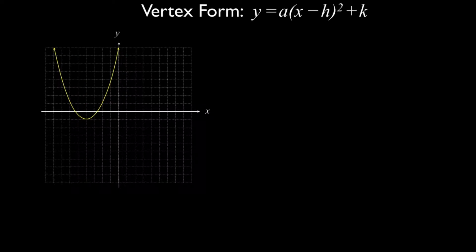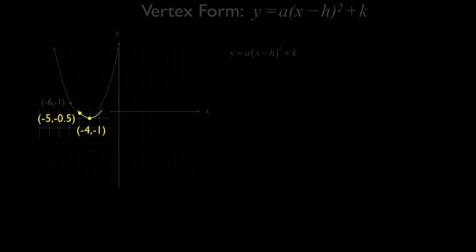Starting with this curve, if I were to place a couple of points on that curve, I would read them as (-4, -1), (-5, -0.5), and (-6, -1). The first thing that I would do would be to write down my vertex form and then identify h and k. Well, h is -4, k is -1, and my jump, I'm going left 1, up a half.